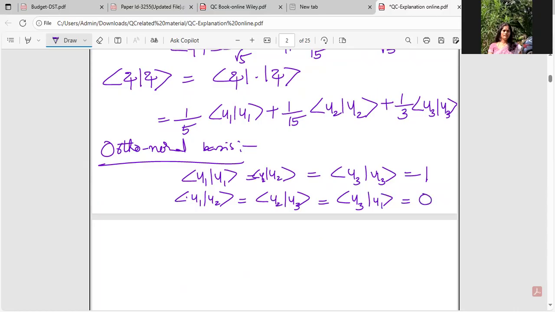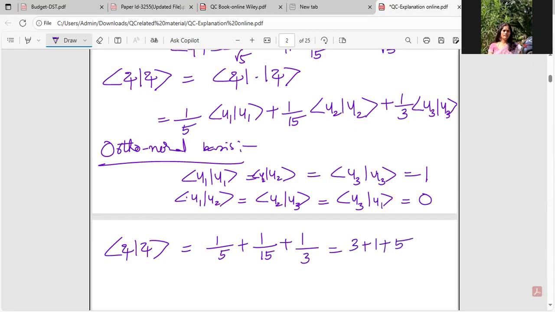That's when I can say they form an orthonormal basis. Hence, the inner product of ket xi would be nothing but 1 by 5 plus 1 by 15 plus 1 by 3. I'll just take the LCM and finish off the calculation. 5 threes are 15, 15 ones are 3, 5 ones are 5, so 9 by 15 is what I will have.